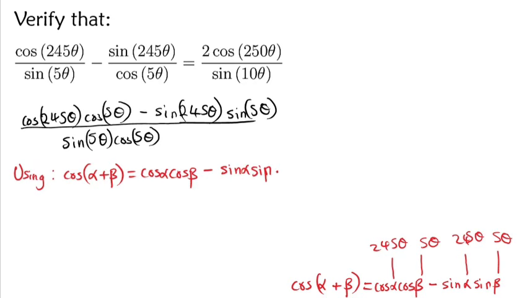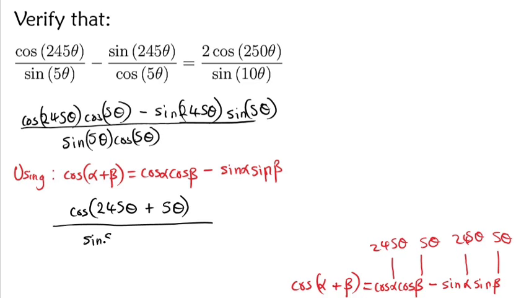So using this identity, the entire numerator would just be cos 245 theta plus 5 theta. Because remember, we said alpha is 245 theta and beta is 5 theta. So just say cos alpha plus beta, hence we have this. Now all this is divided by sine 5 theta cos 5 theta, like that.